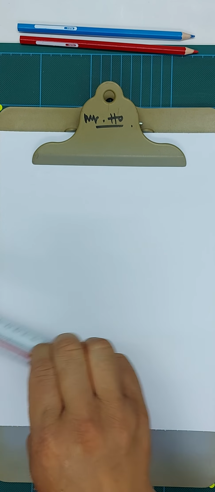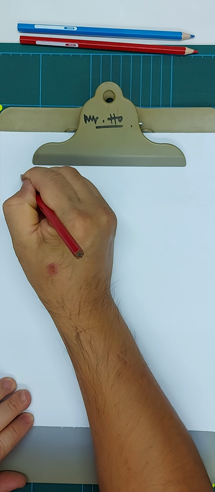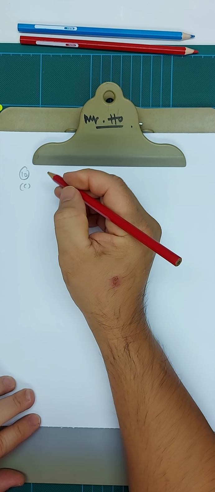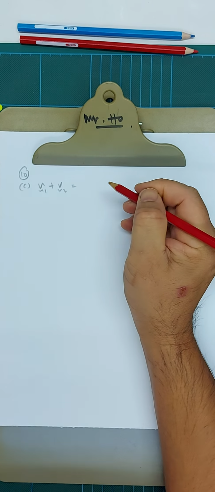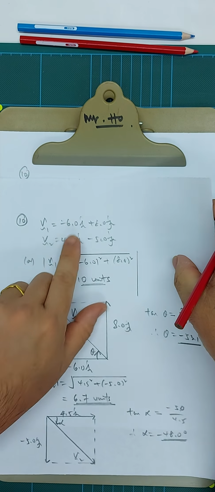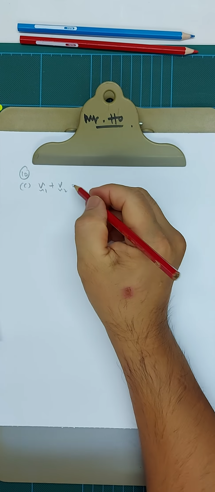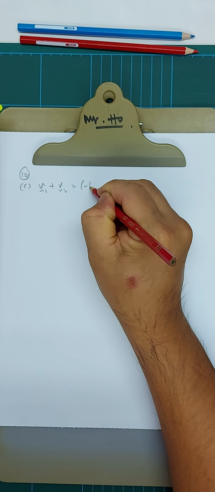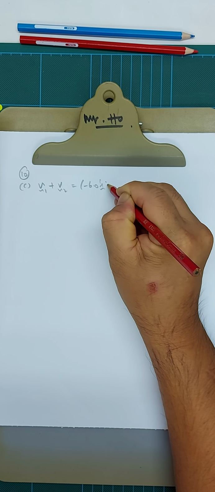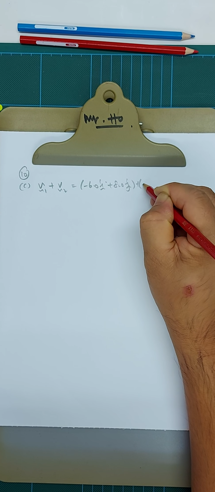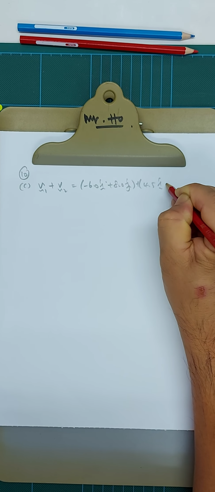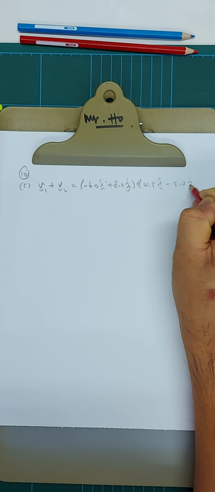Next one, our C. 10C is V1 plus V2. Our V1 and V2 are these two. We sum them up, see what do we get. So we write down negative 6.0i plus 8.0j plus the next vector 4.5i minus 5.0j.